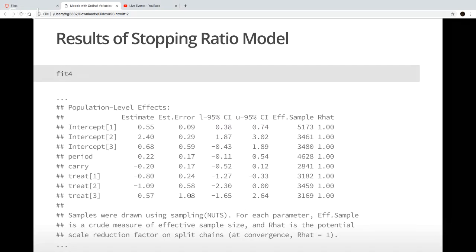So you might think that, okay, well, if the treatment effect is negative for the first two categories of the outcome, then it's more likely to be negative for the third category as well. But that sort of belief is not being reflected in the priors that we used in this particular case, although we could.